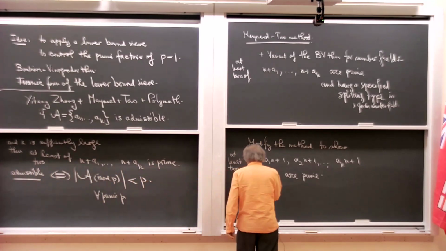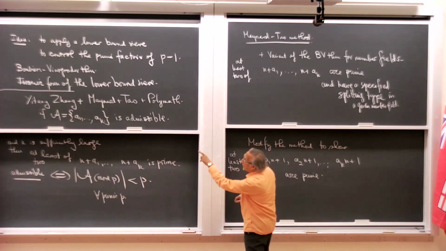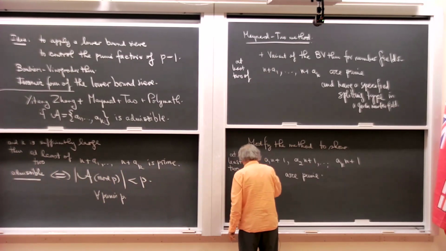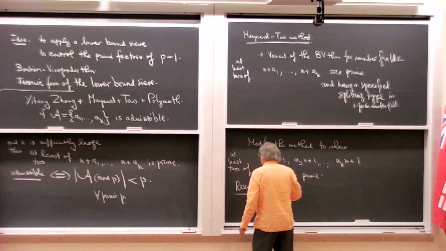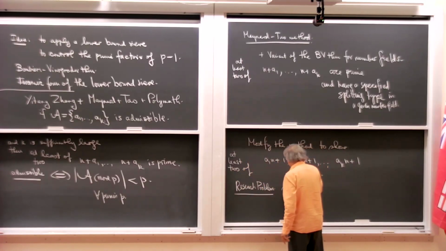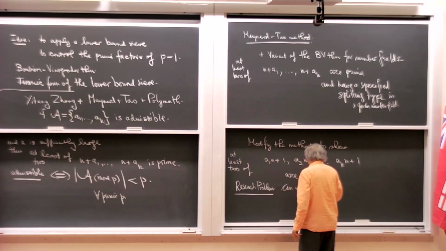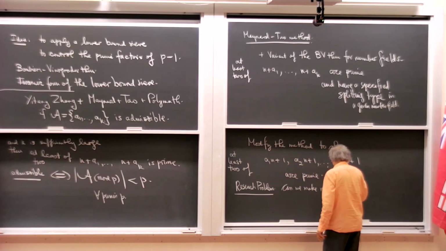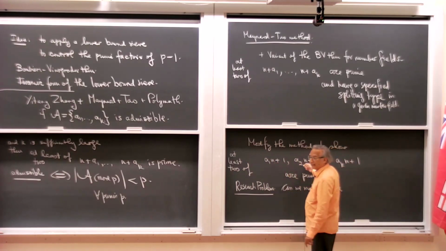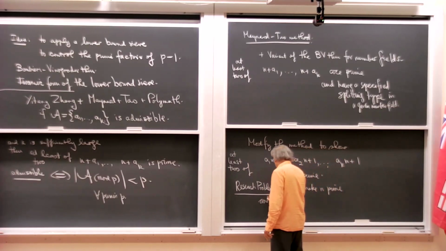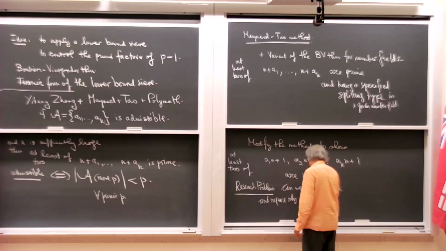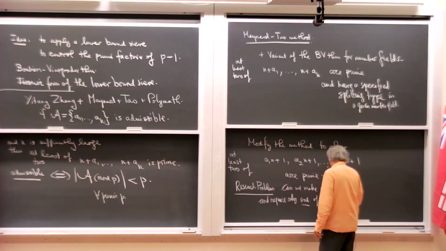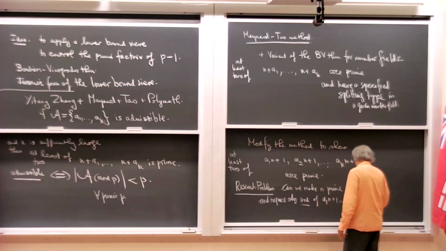But the research problem that I'm alluding to in the title is: can we make n prime and require only one instead of two of a1 n plus 1, ..., ak n plus 1 prime?